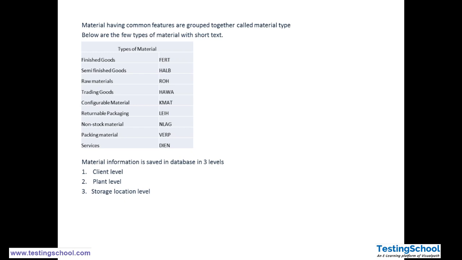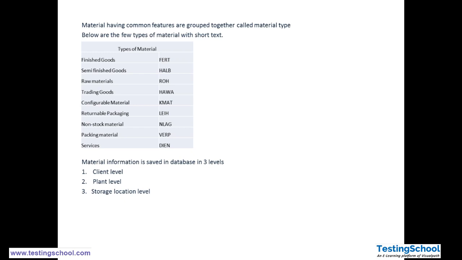As we have discussed, segregation of duty means everybody will have a separate view and separate access to SAP. Nobody will have full access to SAP. SAP also segregates the database storage, where the data is stored, into client level information, plant level information, and storage location level.